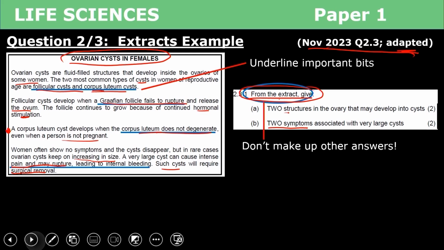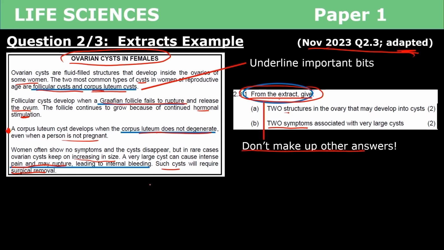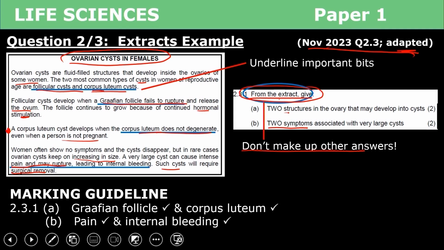So from the extract means don't make up your answers. You must get them from the extract. The Graafian follicle and corpus luteum, those answers are in the extract. Pain, we read the pain, and may rupture leading to internal bleeding. That is from the extract, straightforward.